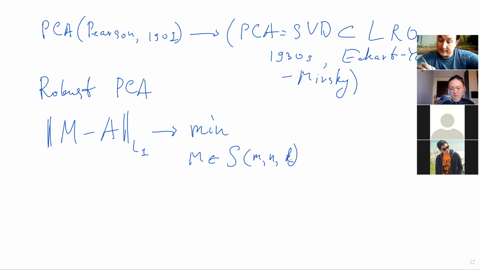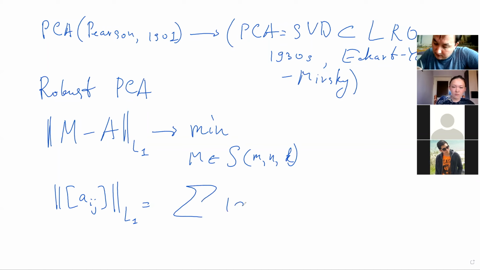What is the norm of the matrix in terms of L1? It is simply the sum of all elements, the sum of the absolute values of all elements.